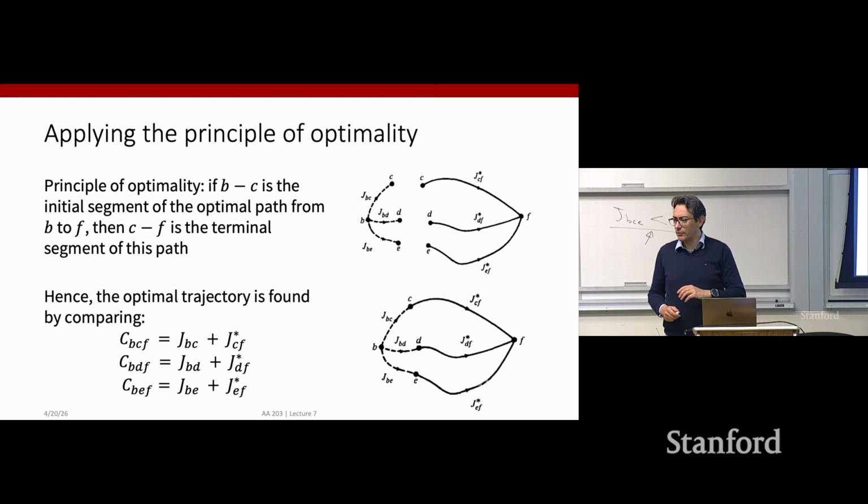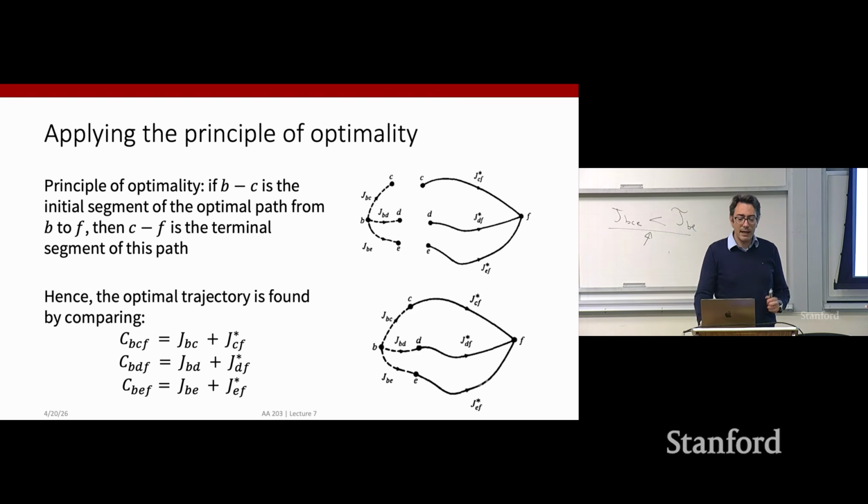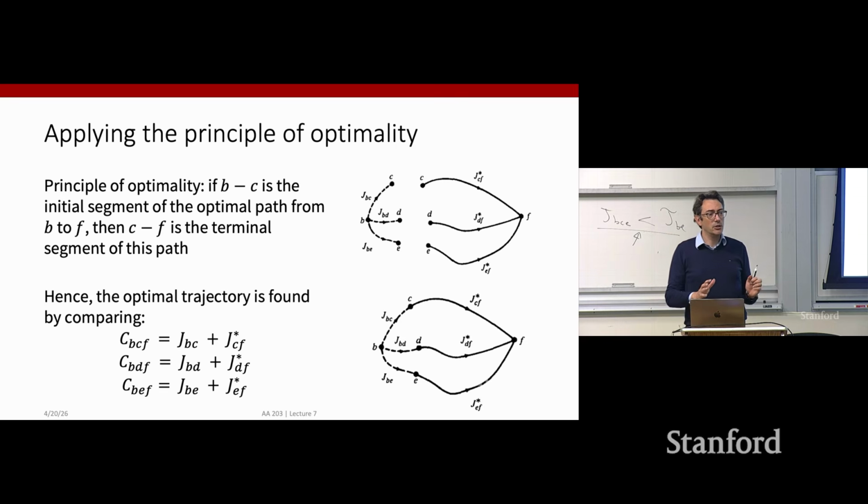I'm going to give you another example to hopefully make things even clearer. But anyway, the main point of this slide is to show how, with the principle of optimality, we can reuse computation that has already been done, either by an oracle or, as we will see, by us through a recursive algorithm, so that you minimize the amount of computation that you do overall.